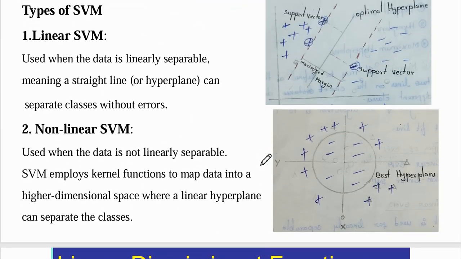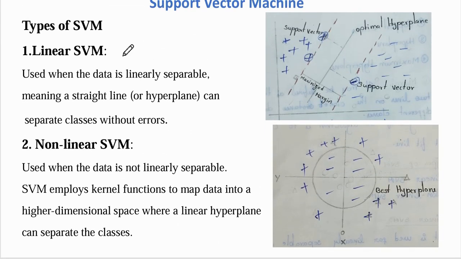Now, types of SVM. There are two types of SVM: linear SVM and non-linear SVM. Linear SVM means we can easily separate the data. This is the positive class data, this is the negative class data.